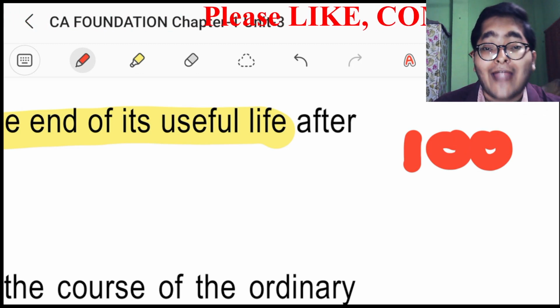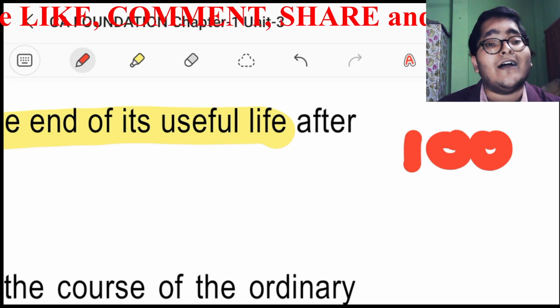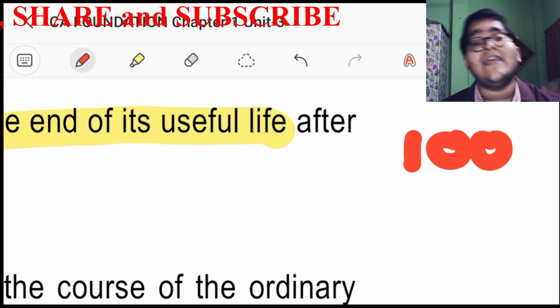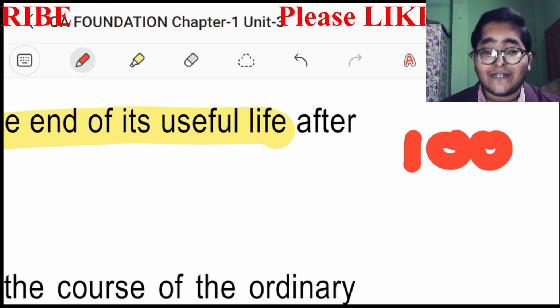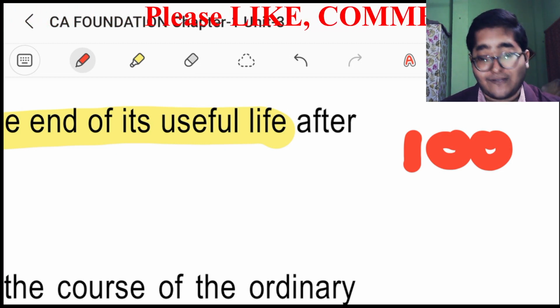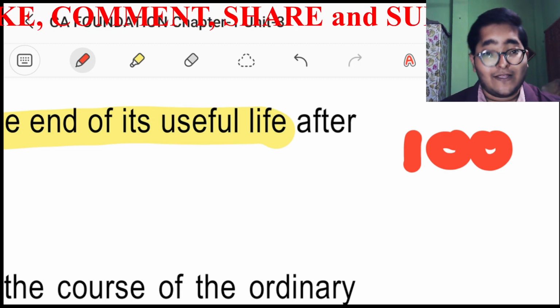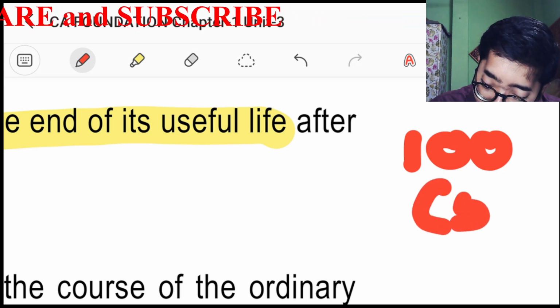I have used this pen for 10 years and I am giving 5% depreciation yearly. So 5% depreciation for 10 years. 5% of ₹100 means ₹5, for 10 years means ₹50. So ₹50 will go away from this.